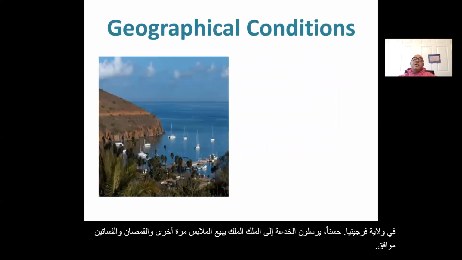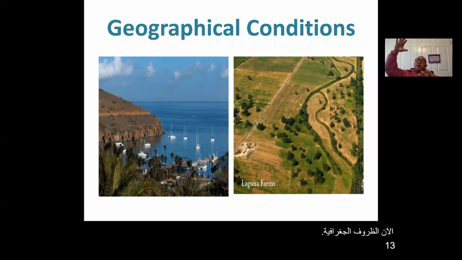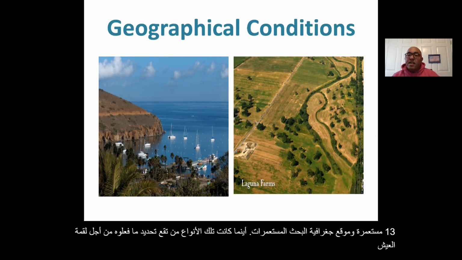Now, geographical conditions. The location of the geography of those 13 colonies, wherever those colonies were situated, determined what they did for a living. So yes, slavery flourished down south. The reason why slavery flourished down south, the climate and land type supported it. You could farm all year round.